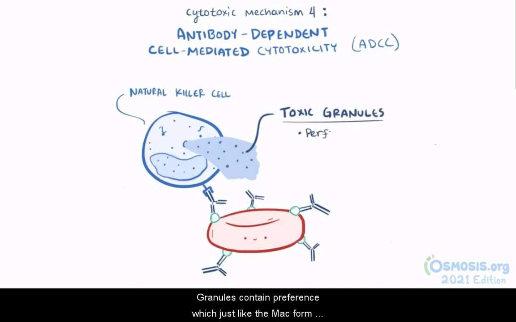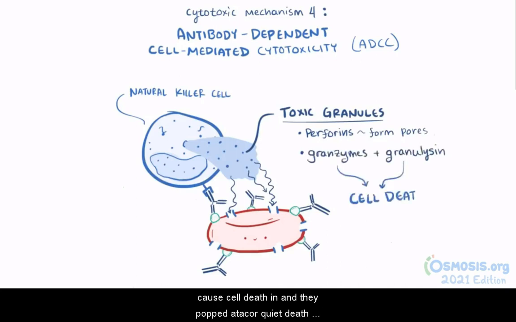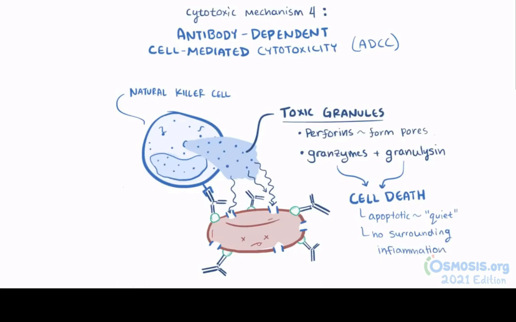These granules contain perforins, which, just like the MAC, form pores in the cell, except that this time the pore also allows entry of enzymes that are like these silent assassins called granzymes, as well as granulysin, which work together to cause cell death in an apoptotic or quiet death sort of way, such that there's no surrounding inflammation.